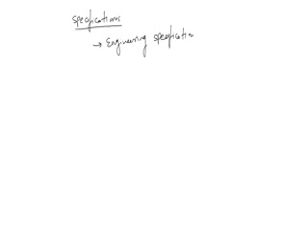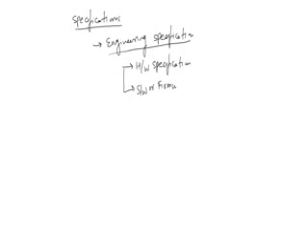What do we mean by engineering specification? Engineering specification means it has some hardware specification, and also some software or firmware specification.